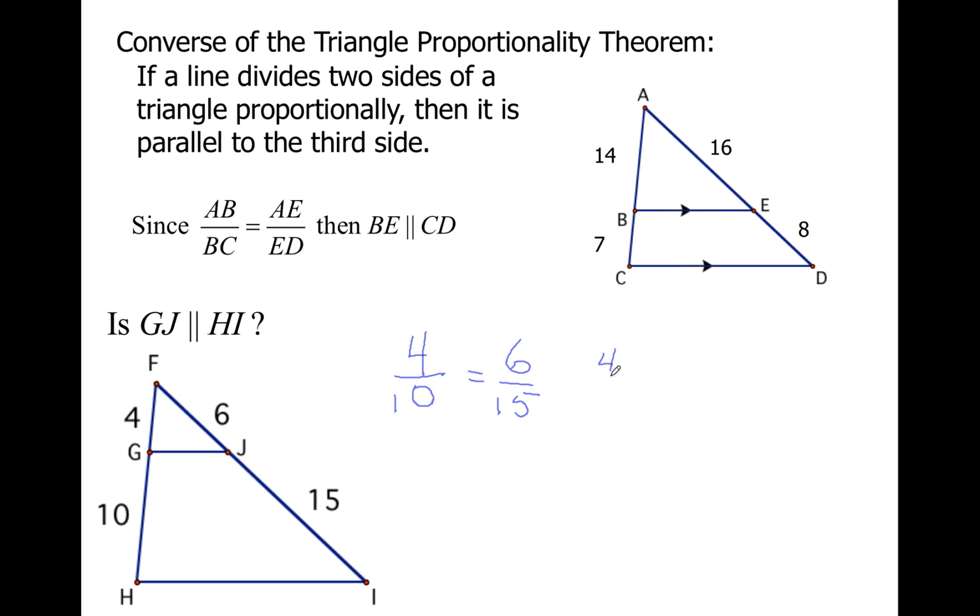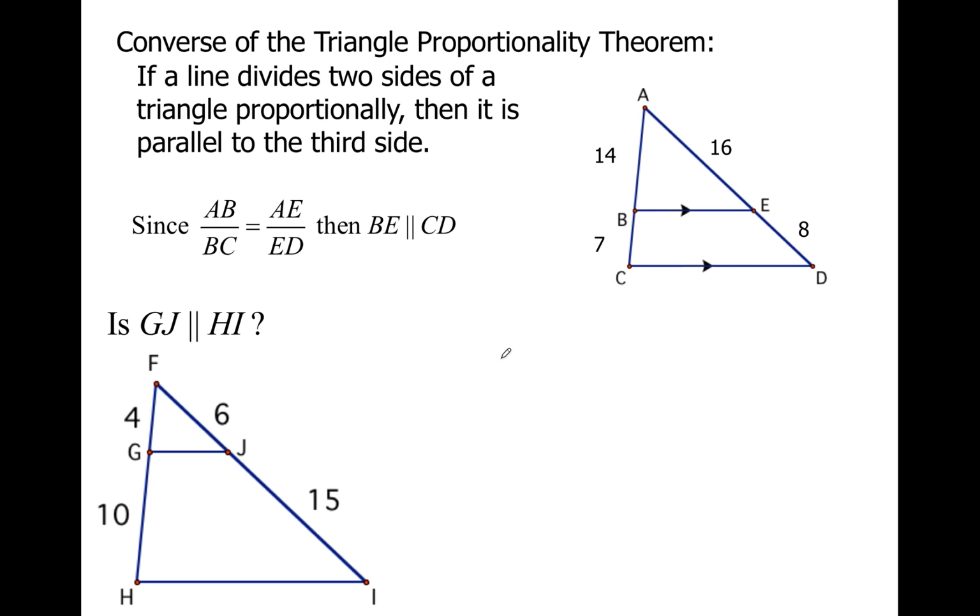In that case, you would do 4 times 15 and see if it's equal to 6 times 10. This is going to be 60, that's going to be 60. If they're both equal, then that's good. Another thing is you can reduce each side of the fraction and see if they have the same scale factor, and if they do, that is good too.